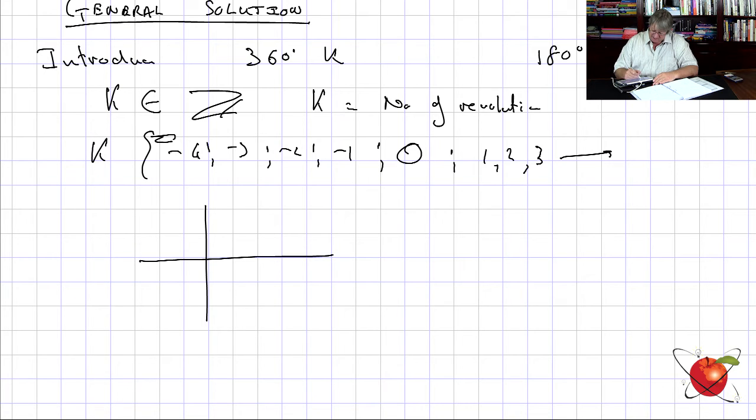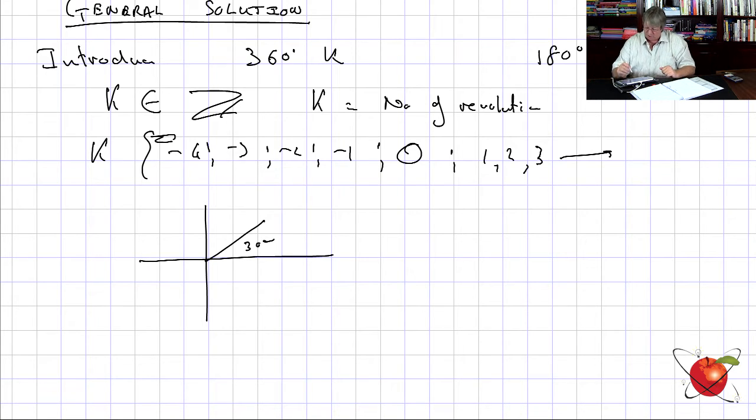But what have we got? We have got a number of revolutions, okay? Yes, it's kind of superfluous in a way, but this is what we've got to get through. Because the general solutions to these equations, it means that we can have, well, what? Let's just take a simple example of 30 degrees.